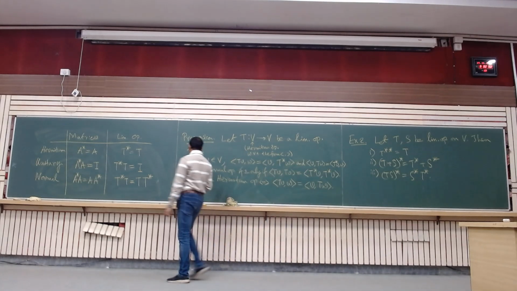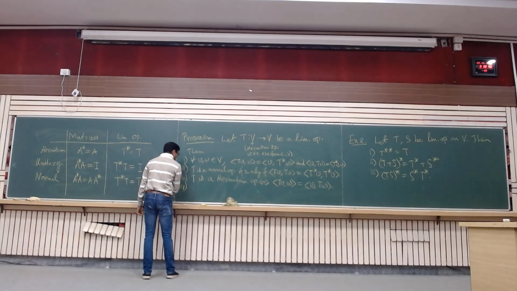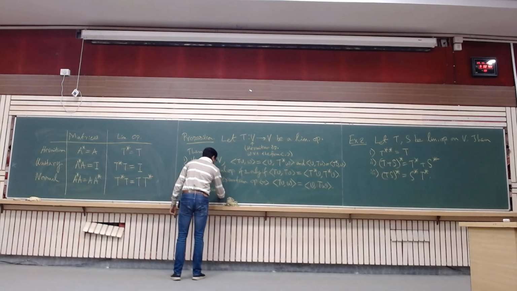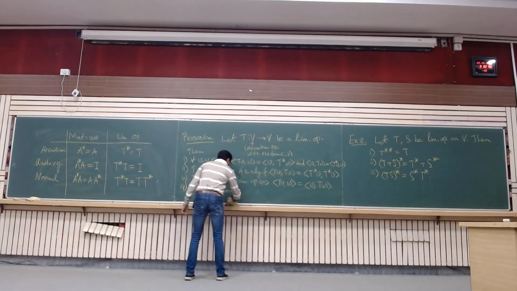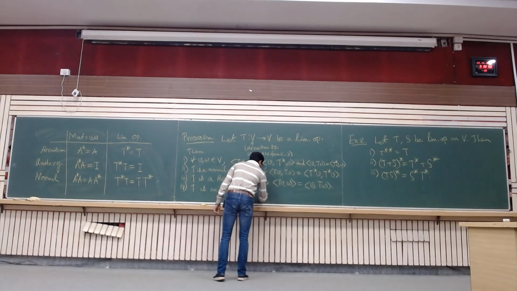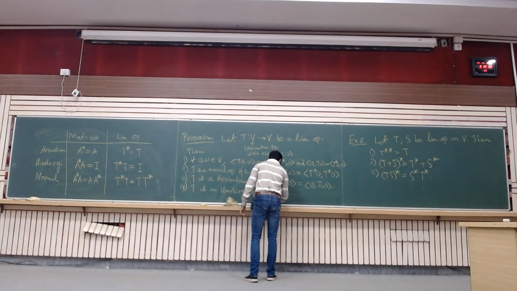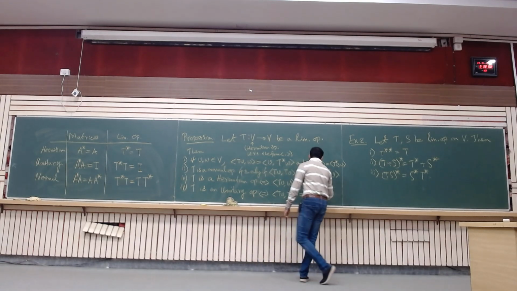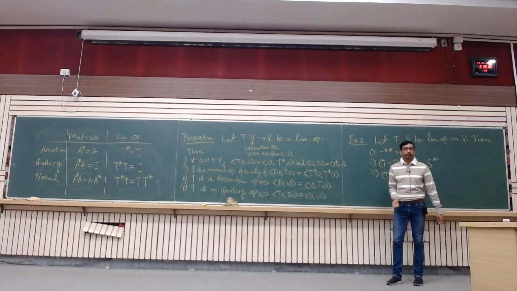And fourth, T is a unitary operator if and only if TV TW is equal to VW.